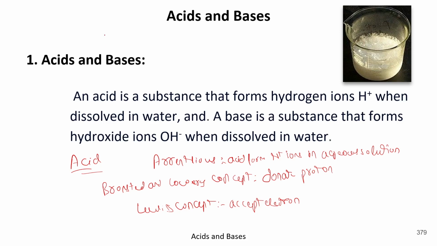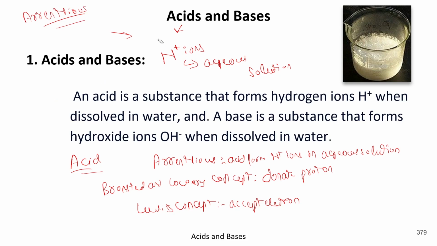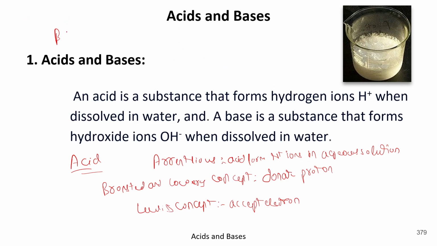So Arrhenius, Bronsted and Lowry, and Lewis each have their own definition of an acid. Arrhenius said an acid is the one which forms H plus ions in aqueous solution. After Arrhenius, there are two more.